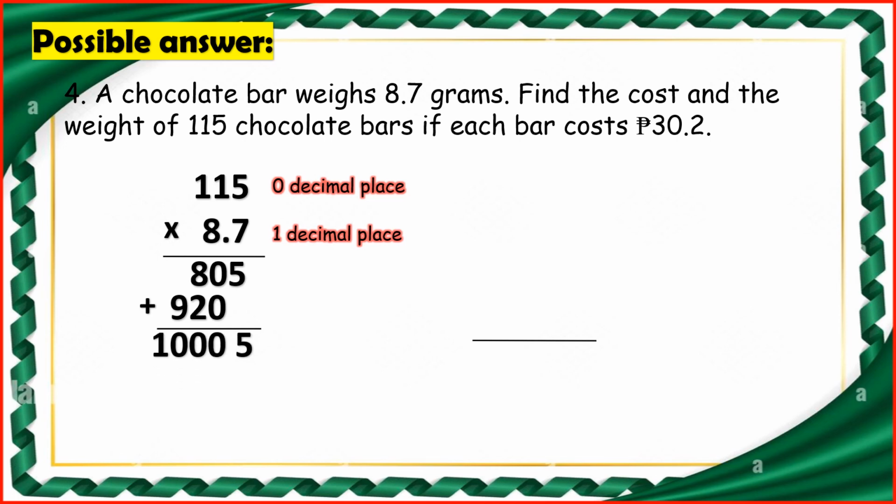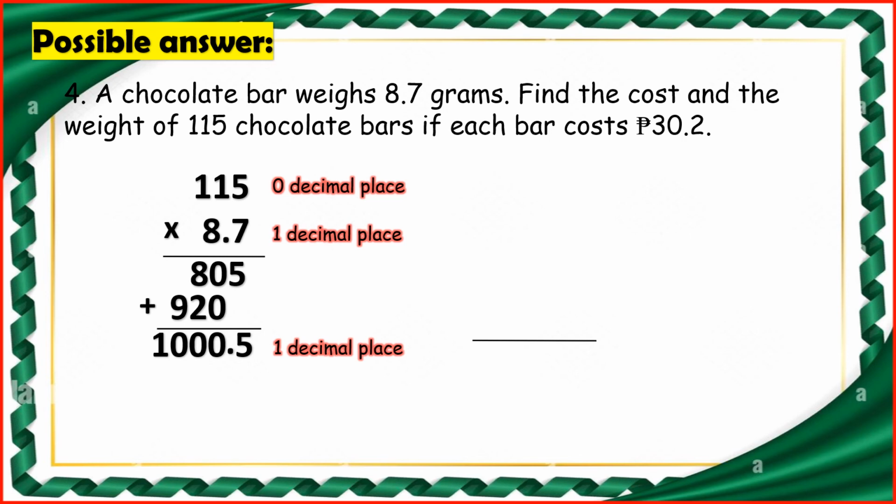But in our factors, it has one decimal place, so we will put the decimal point for one decimal place. So the answer is 1,000.5.